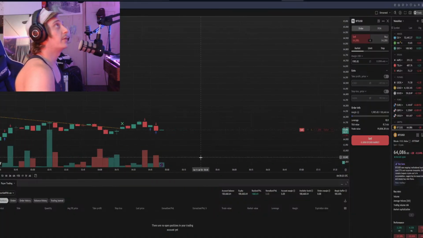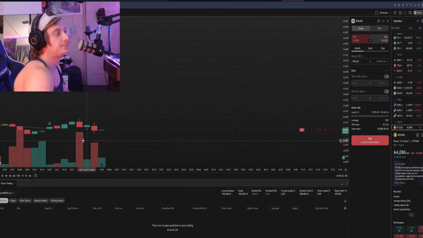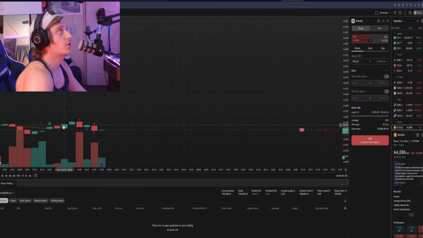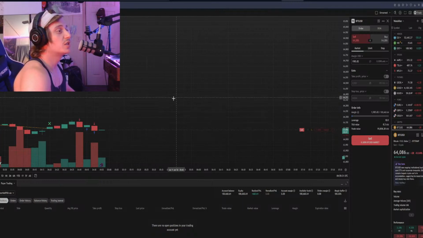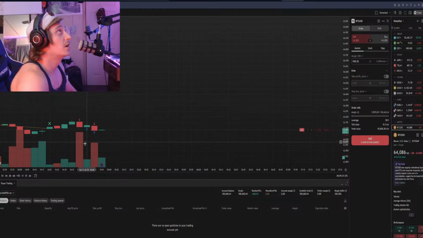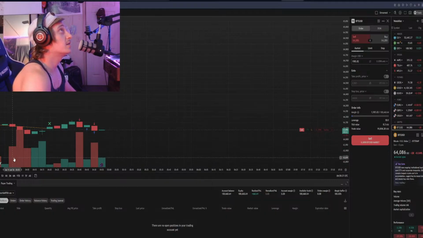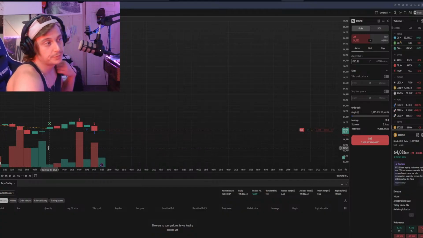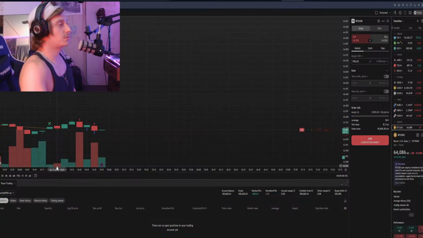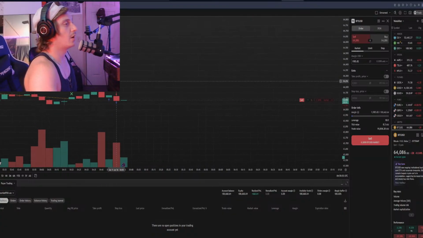The cool thing about this graph is you can see the bars at the bottom as well as the candles up top, which is like totally tubular, because before this candle up here goes in either direction, this candle down here does an entire jolt up or down, and it'll even flash from green to red before it even happens, which is pretty wild.